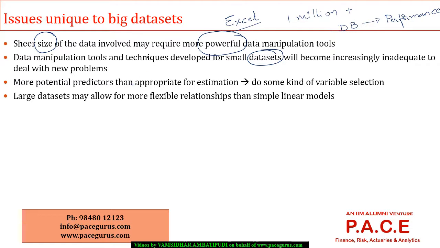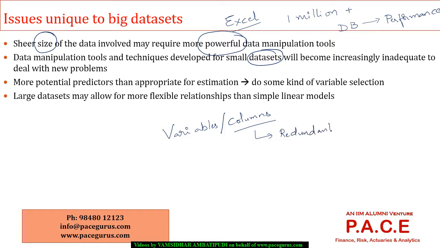Then, when I'm saying I have large data sets, I also may have so many variables, columns. I might be capturing so many variables. Now, if I have to do some kind of estimation or prediction based on so many columns, there might be a possibility that many of these columns are simply redundant.